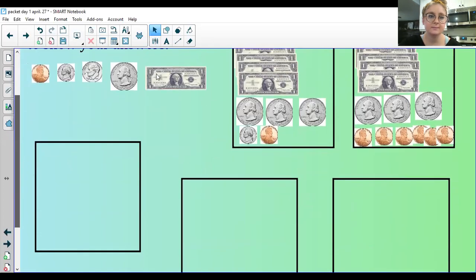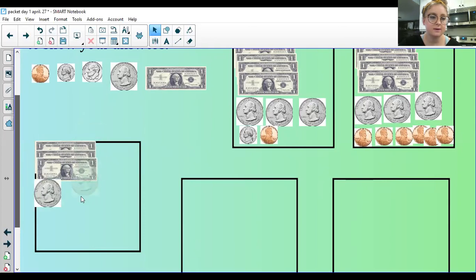Here's another way I could do it. I could do $3 bills, so $3. I could do 1 in quarters, so 25, 50, 75, $1. So there I have my $4.